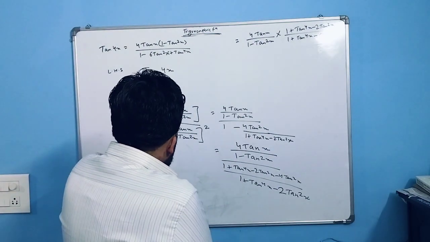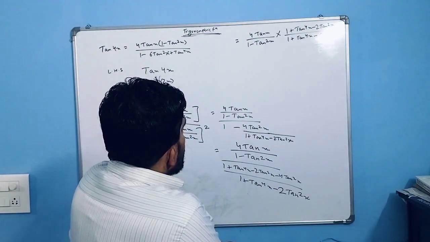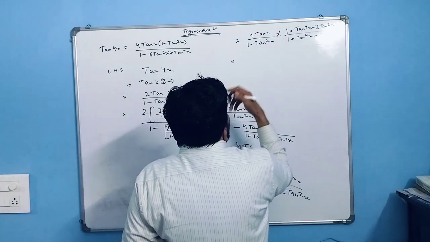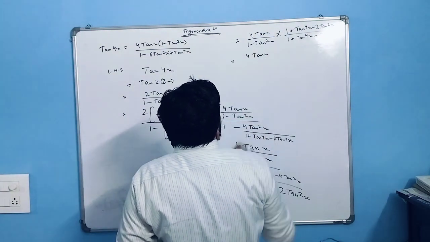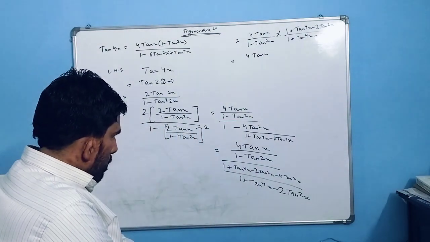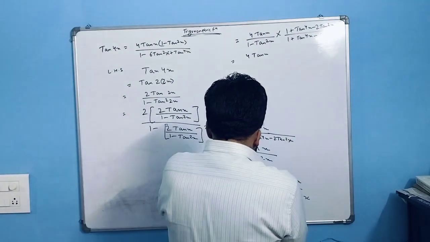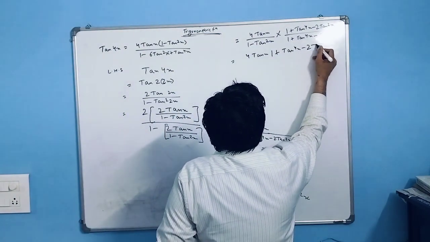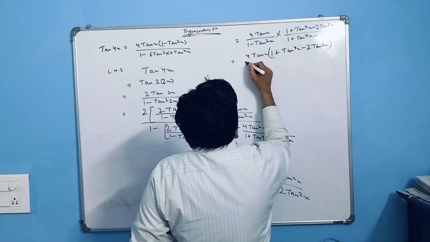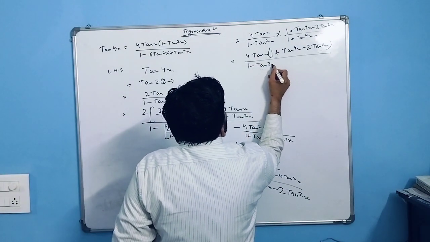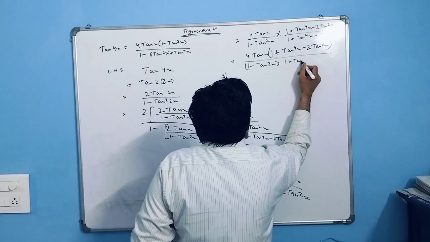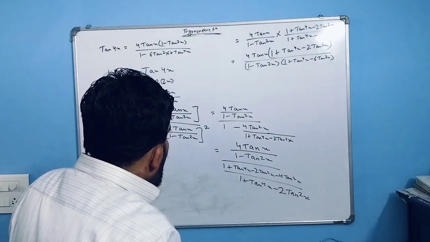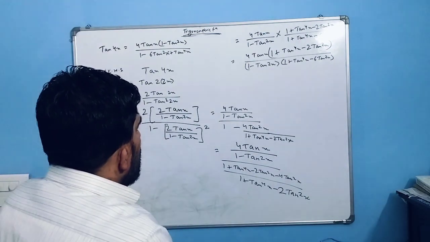Now I have taken all this, so I got this one: 1 plus tan to the power 4 x minus 2 tan square x upon 1 minus tan square x upon 1 plus tan to the power 4 x minus 6 tan square x.